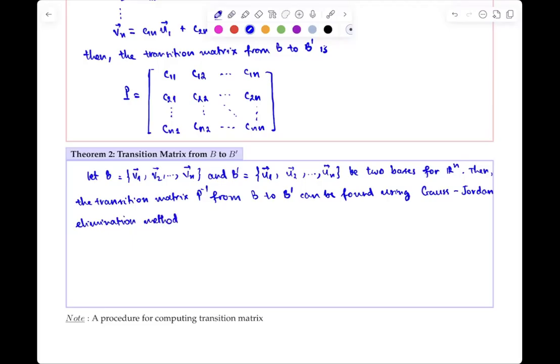On the matrix B prime B. Technically, what you have here is B prime and B like this, and you follow the Gauss-Jordan elimination method.